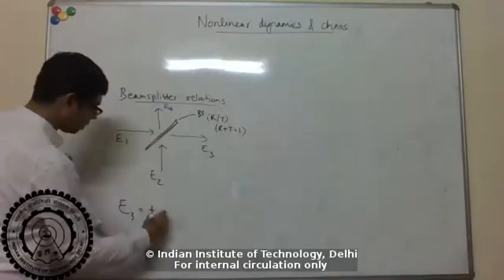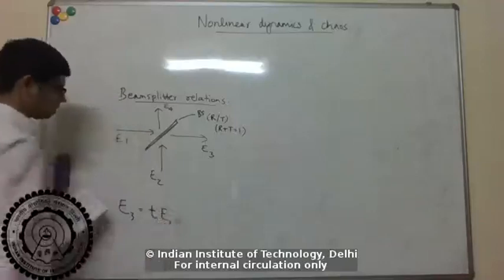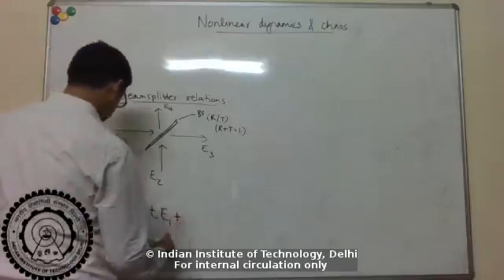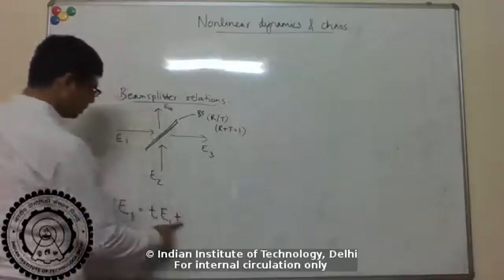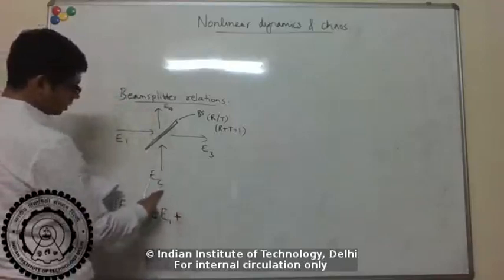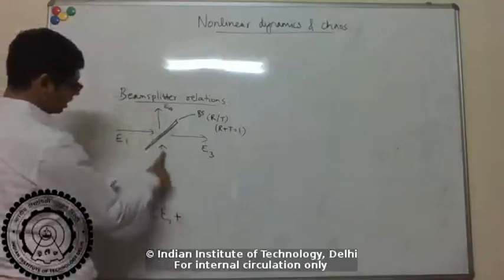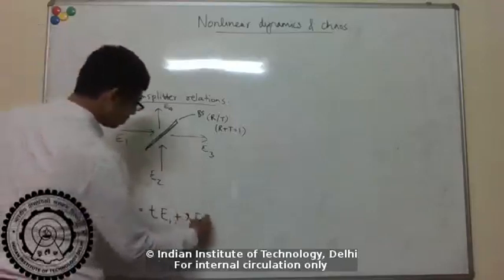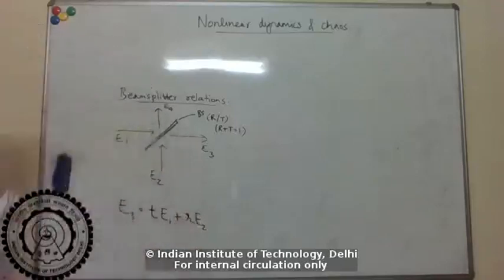So that's, let's say, some small t times E1. And if I send in E2 from the other side, it will have the reflected component of E2. So that's r times E2, right?